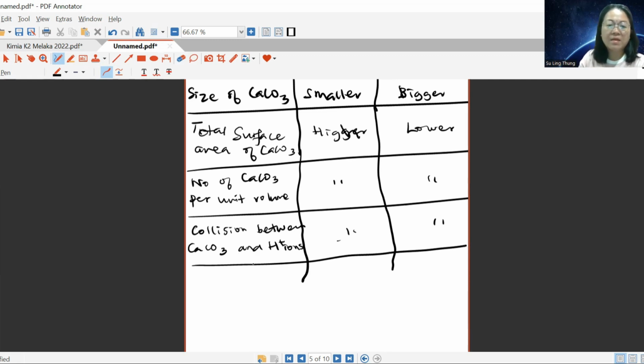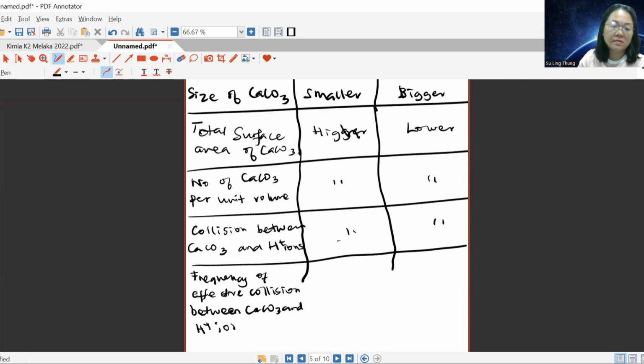So as a result, the frequency of effective collision between CaCO3 and H plus ions is higher in set 2 compared to set 3.